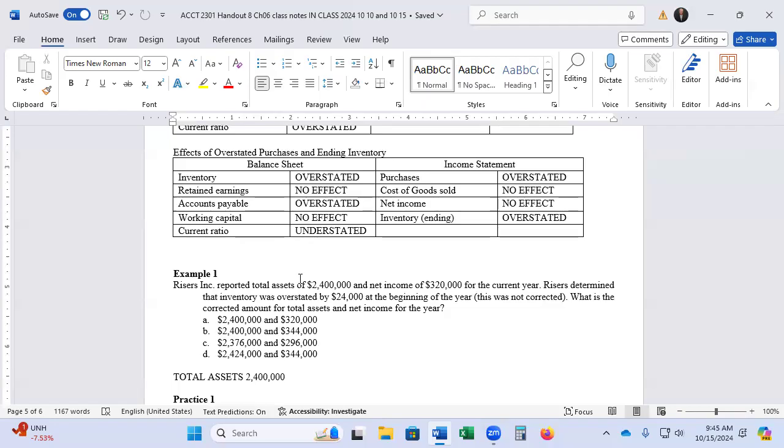It's not going to affect our ending balance. And so cost of goods sold, or sorry, net income, now it's asking for 24,000 more cost of goods sold than it should. So add 24,000 to the 320,000, and that gives you 344,000. So the answer is B.